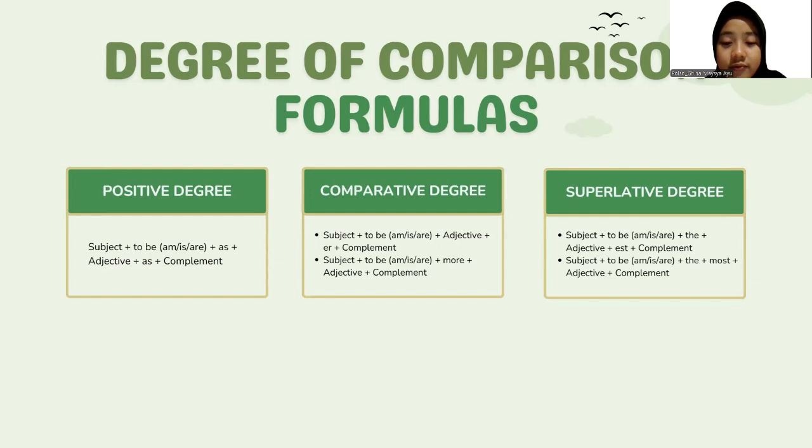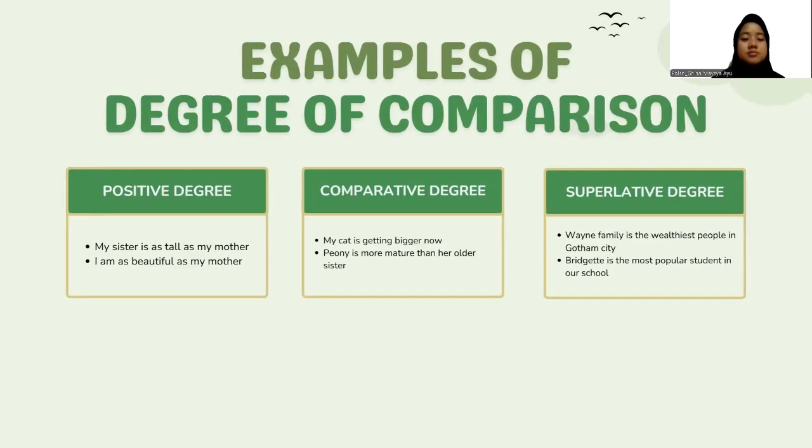And the second form is subject plus to be plus more plus adjective and complement. And for the superlative, we have subject plus to be plus the plus adjective plus est plus complement. And then for the second form, we have subject plus to be plus the plus most plus adjective and the complement.